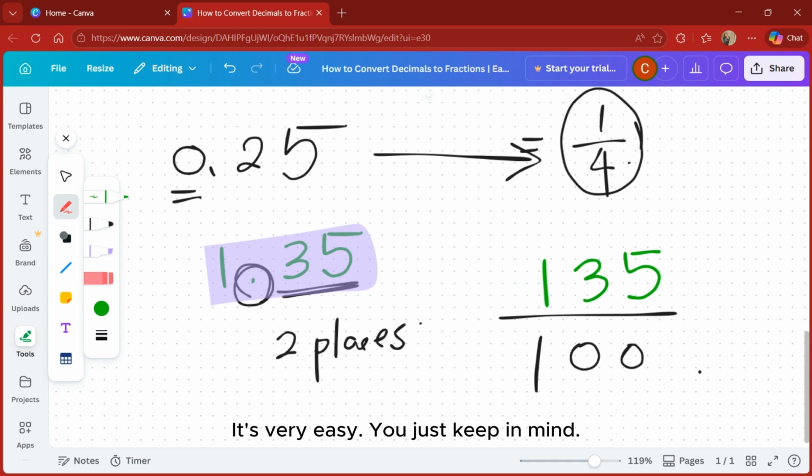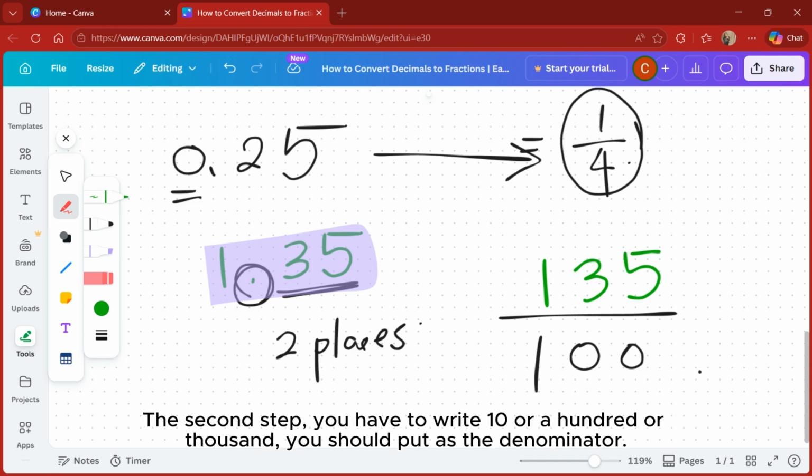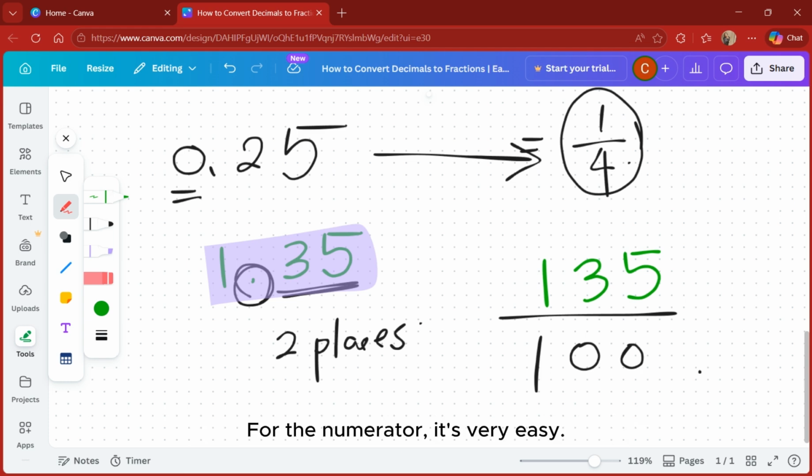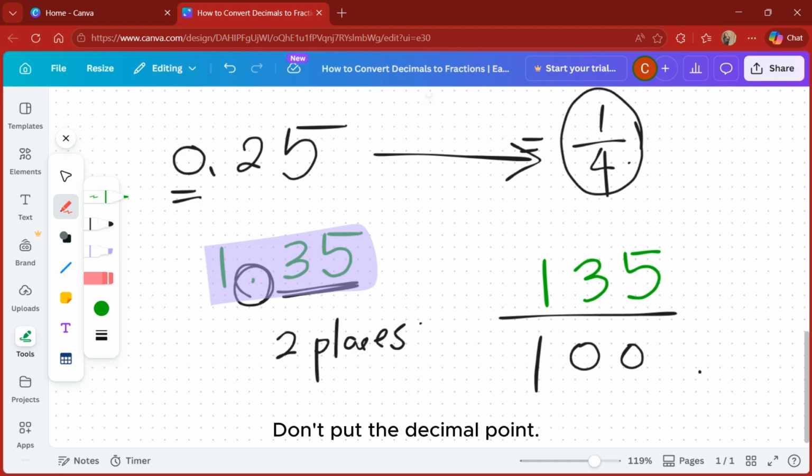You just keep in mind the first step: you have to find the number of places after the decimal point. The second one, you have to write 10 or 100 or 1,000 as the denominator. For the numerator, it's very easy. You just ignore the decimal point and put the same number on it, but don't put the decimal point. You see, I remove this and put 135.